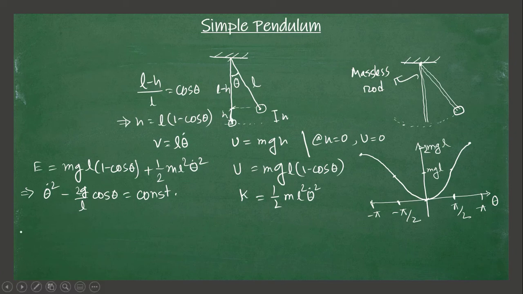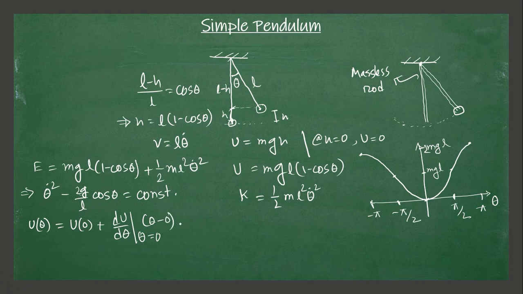Okay, so we can write down the potential as a function of theta to be equal to U of theta equals 0, plus d/d theta of U evaluated at theta equals 0, times theta minus 0.